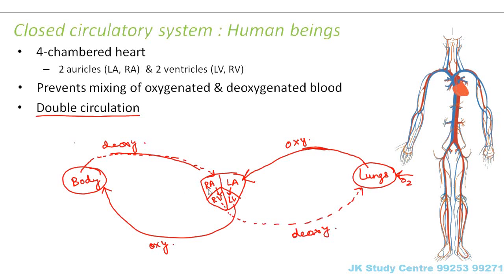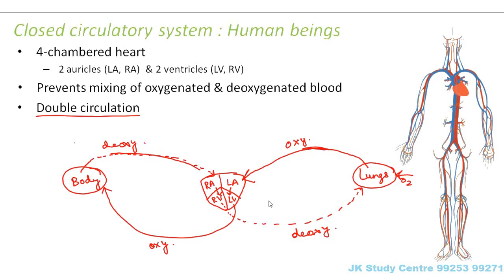So here also you see that in one complete cycle, once the oxygenated blood passed the heart, and then the deoxygenated blood again passed the heart. So in one cycle, the blood passes the heart 2 times. That is why this is also known as double circulation.